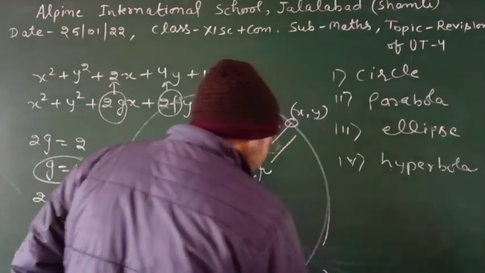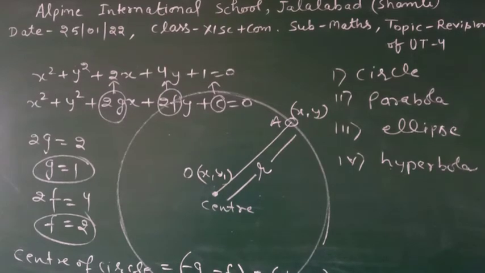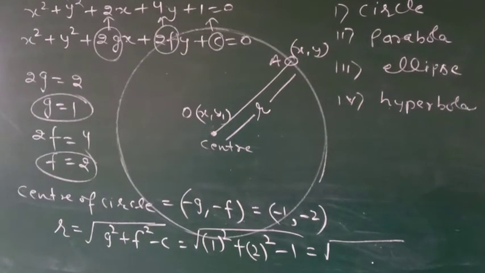So in this way we have the value of the radius, which will be the square root of 4, meaning 2. So the value of the radius will be 2.